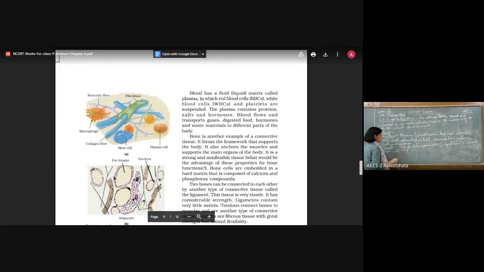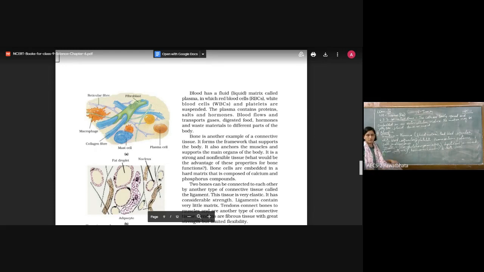Then after that, hormones and waste products. Hormones, one or two examples we can take up here, for example, insulin. And waste, in the human body the basic waste is urea. So this is the first function, transportation.